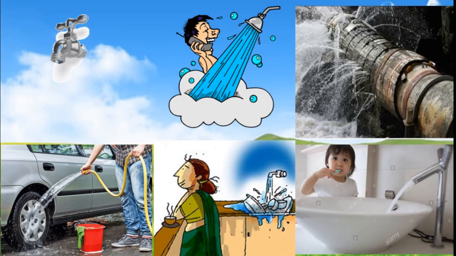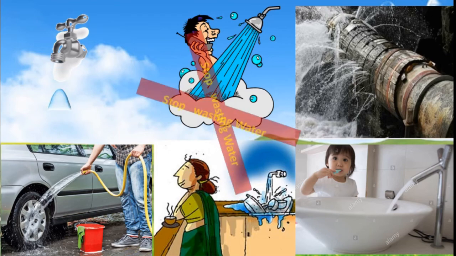All these pictures are showing something. They are telling something to us. Yes, what we are doing? We are wasting our water, precious water. Water is our life, we know that. Then also we are wasting water without any meaning. So please stop this.